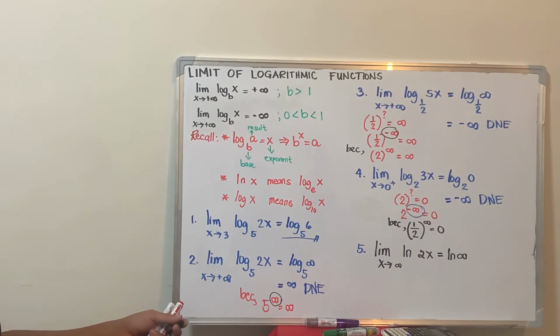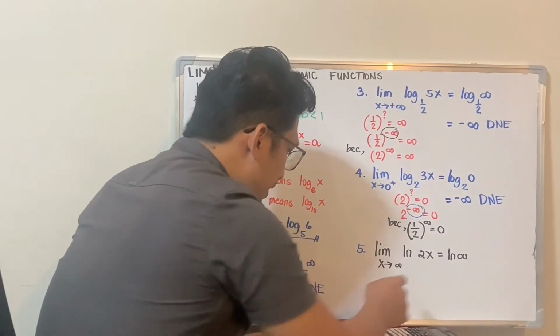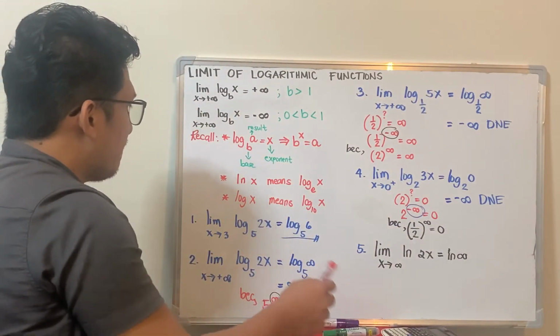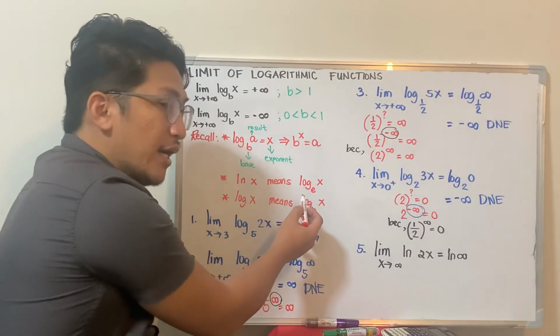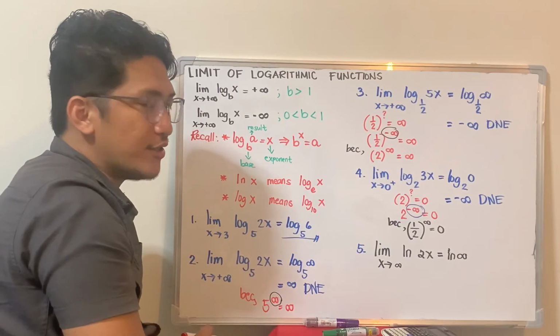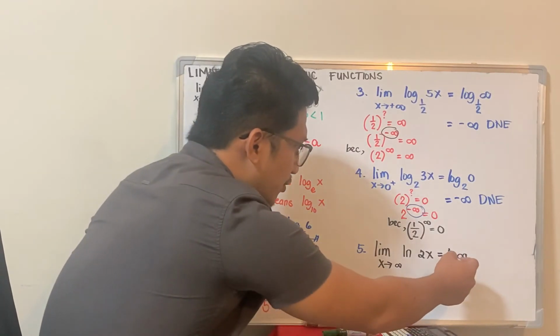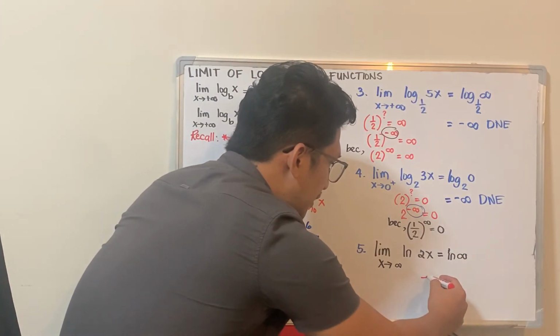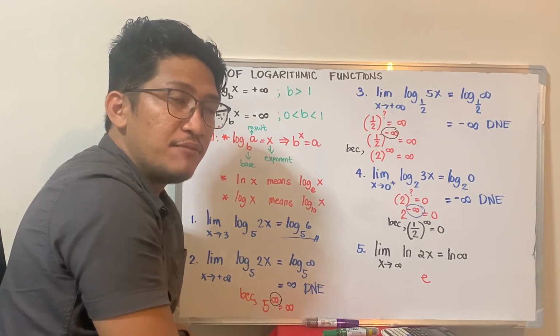What should be the exponent of e? What is the base of ln? Remember from the review, ln x is still a logarithm, but its base is e, the Euler's constant, approximately 2.718, which is greater than 1.